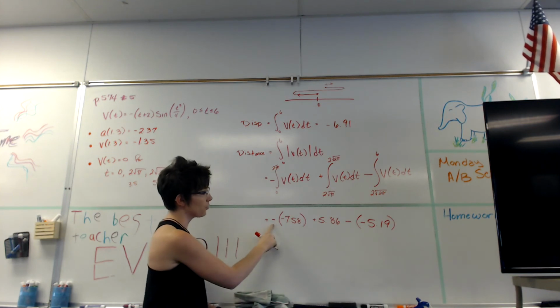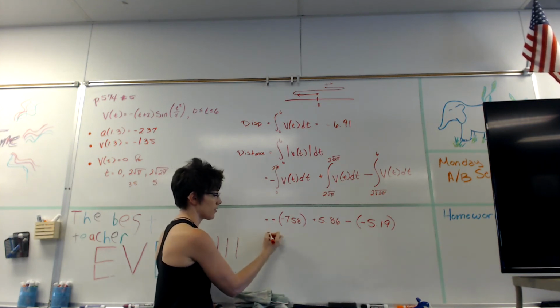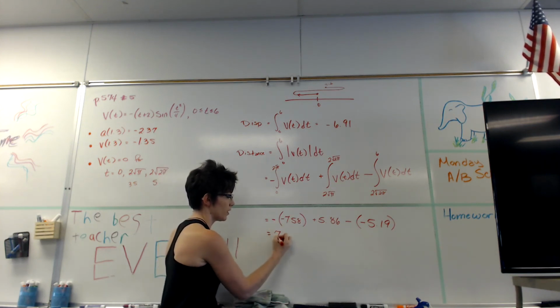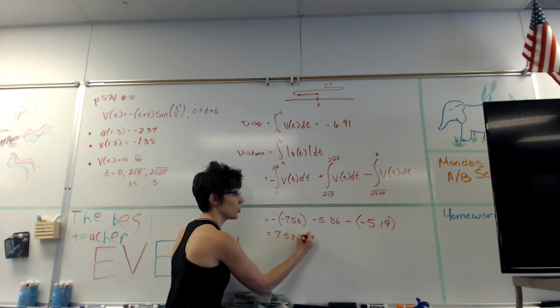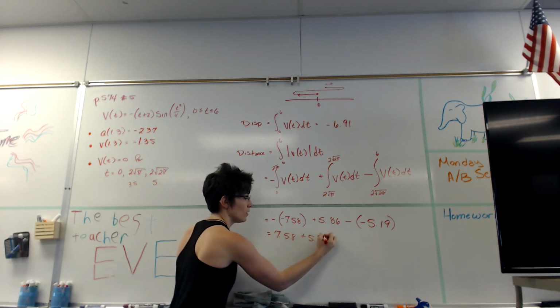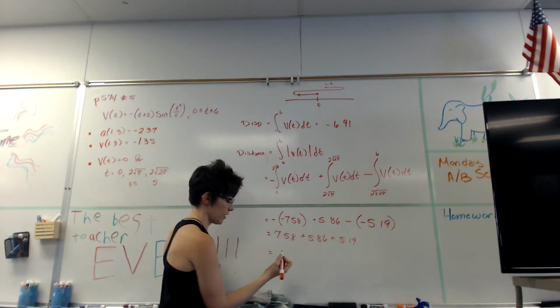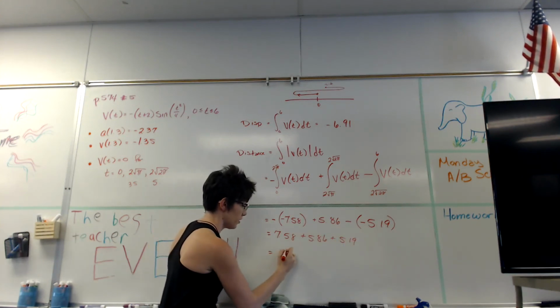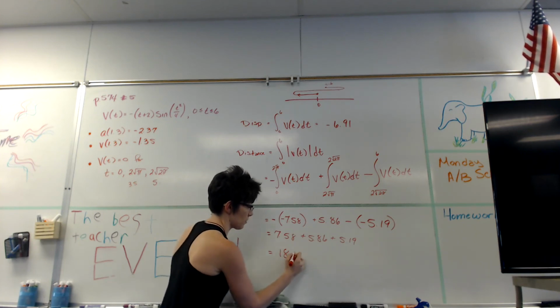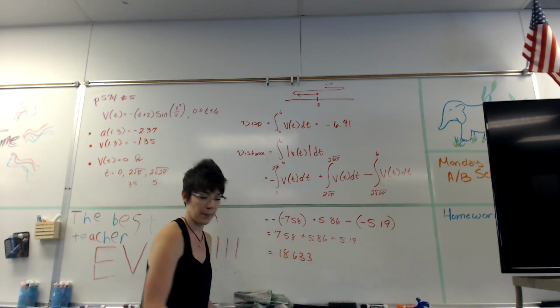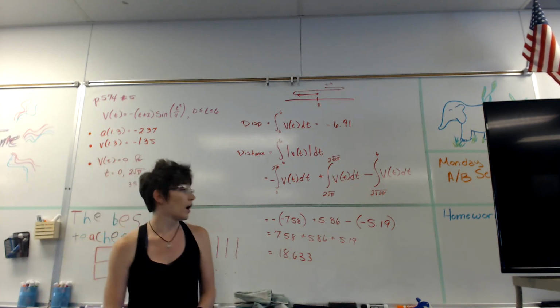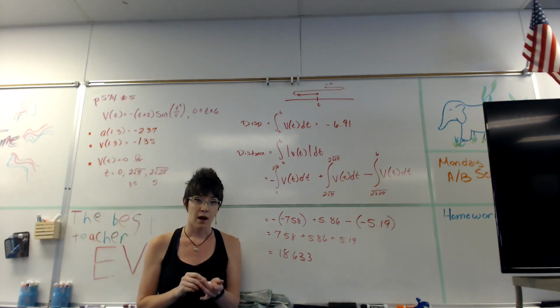And so it's true that these negatives are getting turned into positives because of that double negative idea. Plus 5.19. And then finally, if you add all those together, you get 18.633. Okay, and that's the final bit of this problem.